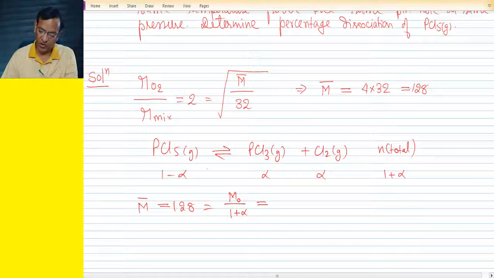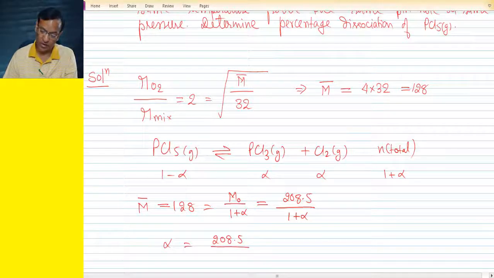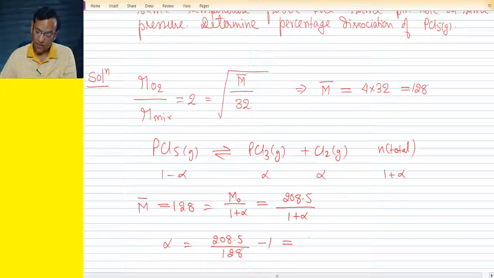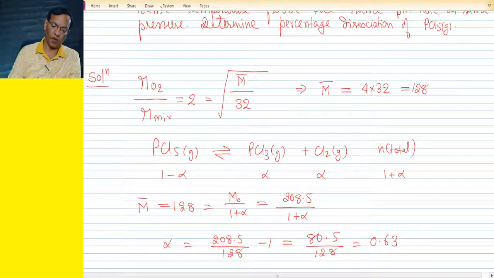M naught is the molar mass of PCl5, 208.5, upon 1 plus alpha. So alpha will be equal to 208.5 divided by 128 minus 1. So it will be 80.5 divided by 128. If we solve it, it comes out to be approximately 0.63.